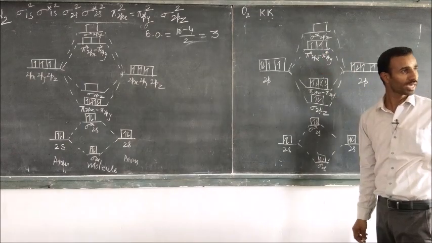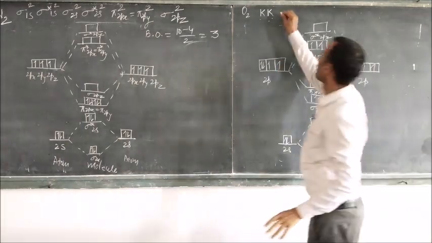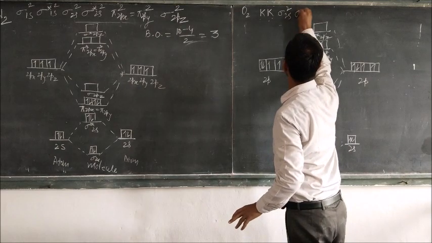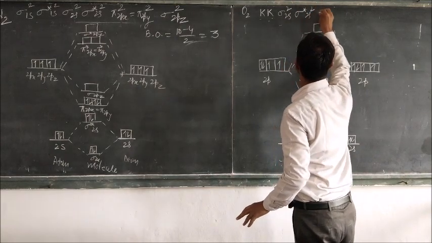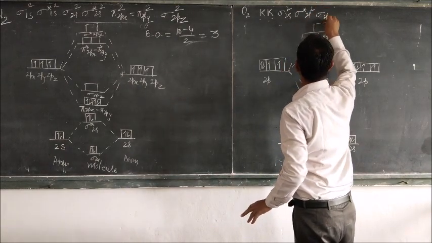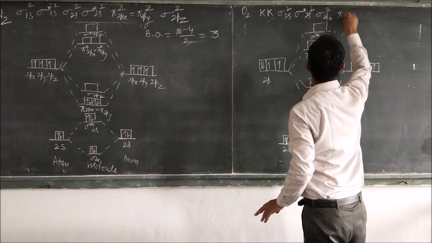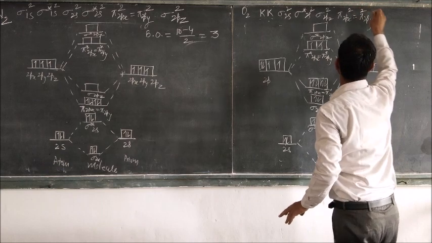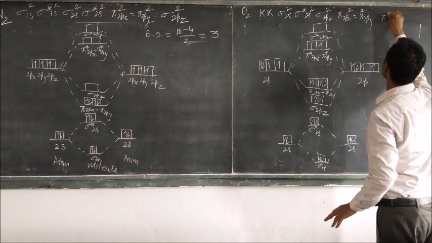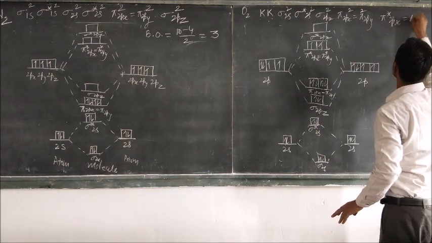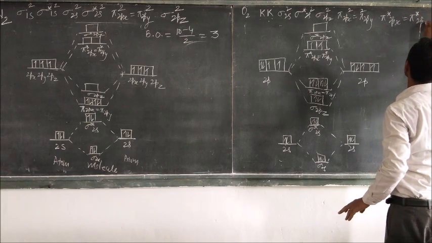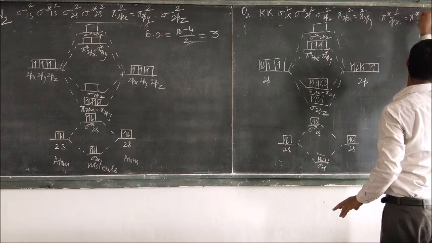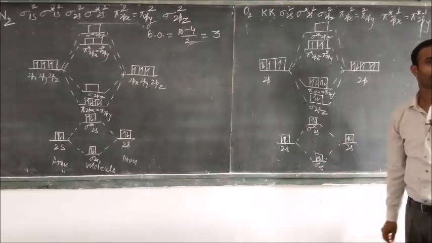So O2 is paramagnetic, and it is sigma 2s2, sigma star 2s2, sigma 2pz2, pi 2px2, pi 2py2, pi star 2px1, pi star 2py1, right?